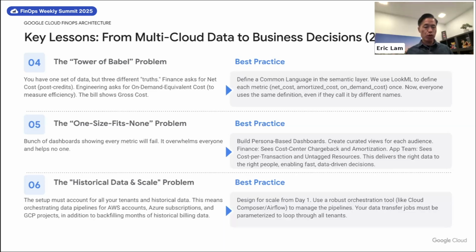Spend more time upfront on a robust data ingestion pipeline, because that is critical to making sure the data you get in a multi-cloud world, when you visualize it, actually has the right information. Else, you will see quite a mismatch. Those are the six common lessons learned that we see with many customers when we help them implement multi-cloud solutions. Next slide.